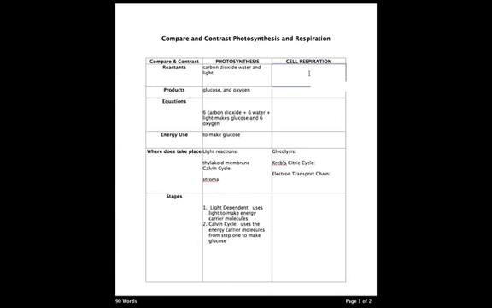Now let's go up here and fill out our cell respiration. Now, cell respiration, our reactants, or what we start off with, is glucose, again, C6H12O6, and oxygen, which is O2. Our products, or what we end up with out of this, is ATP, which we know as our energy molecule, carbon dioxide, which is CO2.